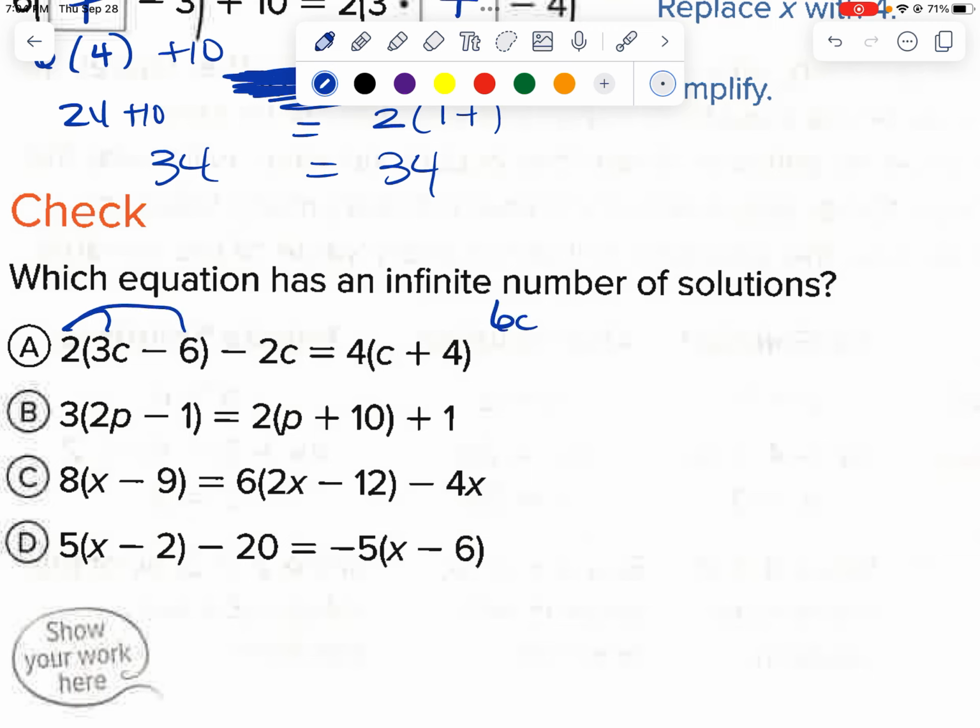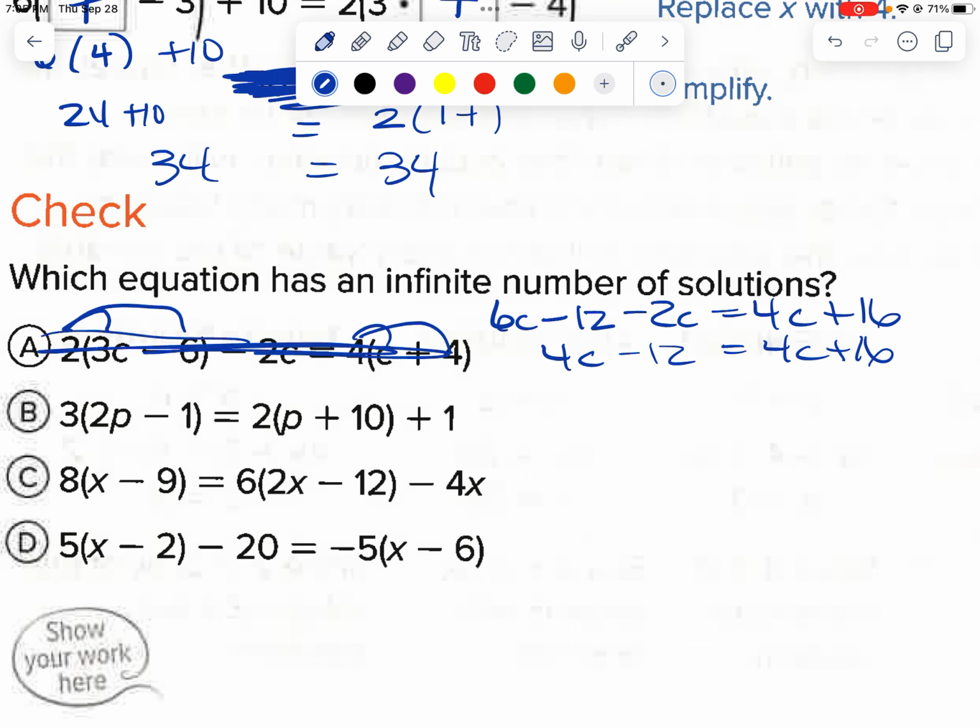Multiply here and get minus 12 minus 2c equals, multiply here, 4c plus 16. So 4c minus 12 equals 4c plus 16. Is that exactly the same on both sides of the equal sign? No, it's not. So this is not going to be infinite solutions.